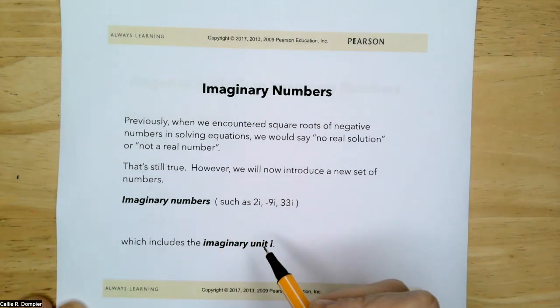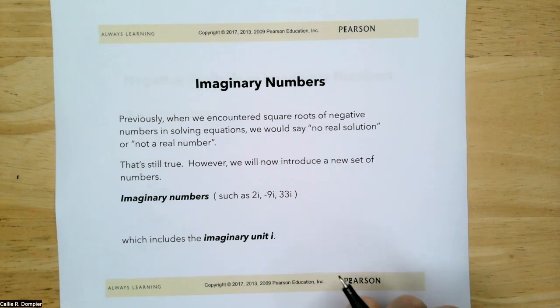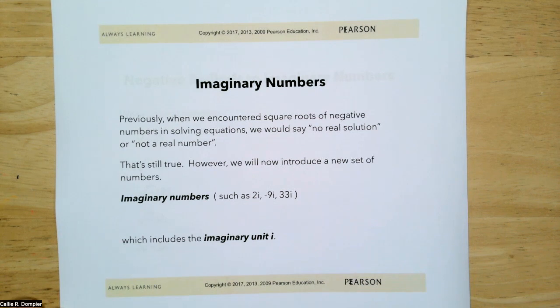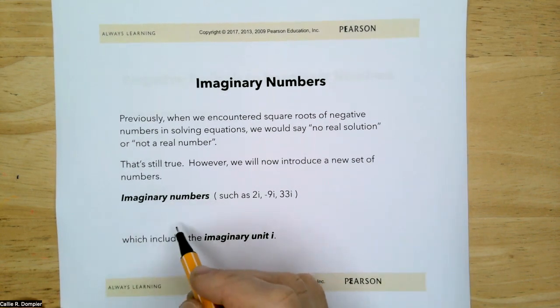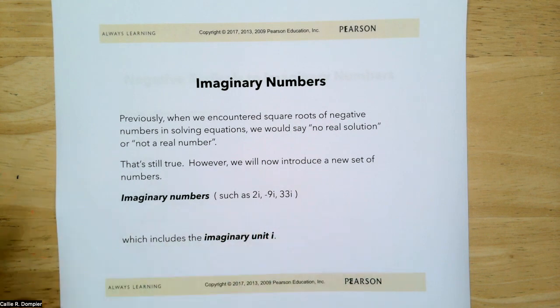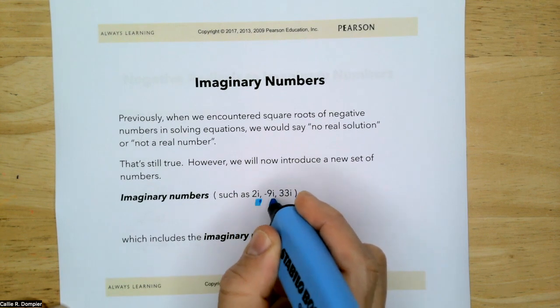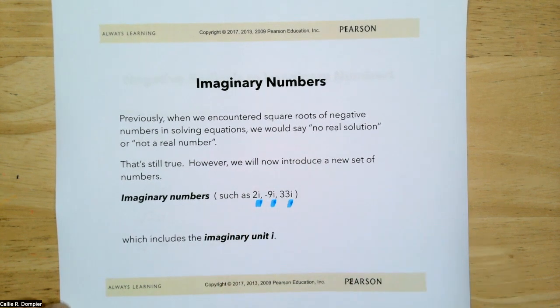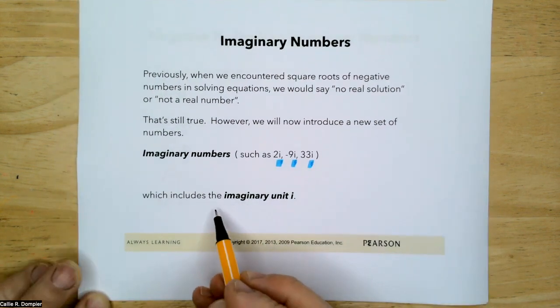However, we can introduce a new set of numbers to find a solution to a negative under a square root, okay? They are called imaginary numbers. When you see i, just think imaginary. An imaginary number will have the letter i behind it. That is called the imaginary unit i.